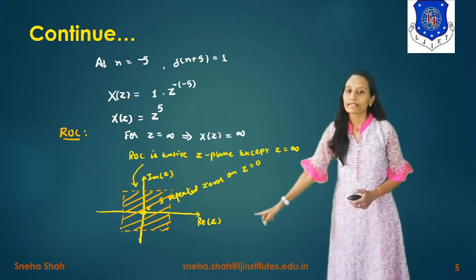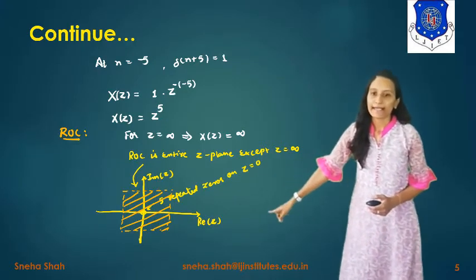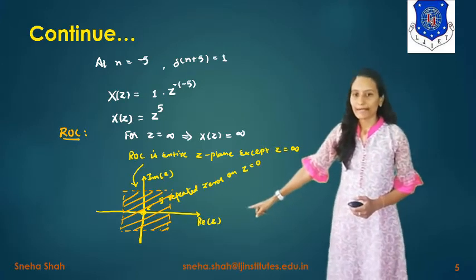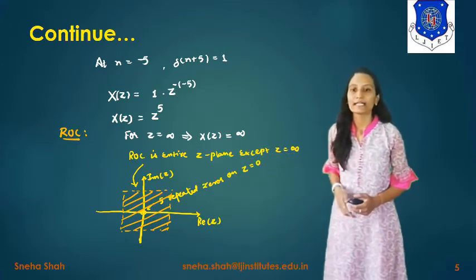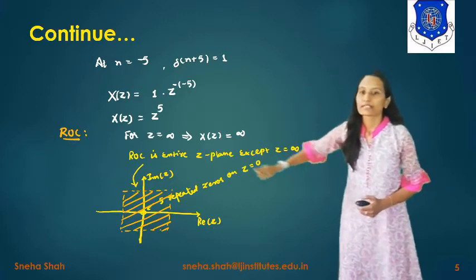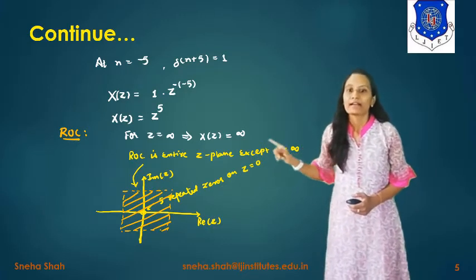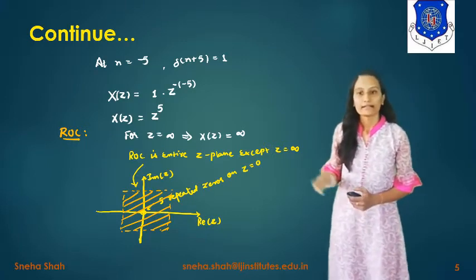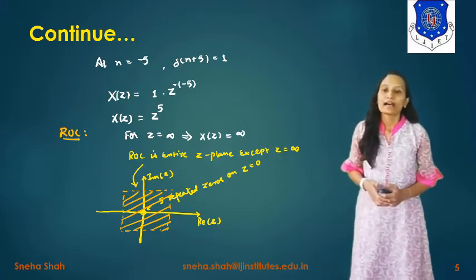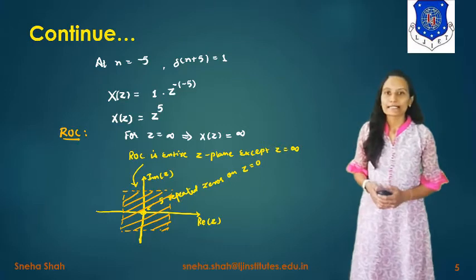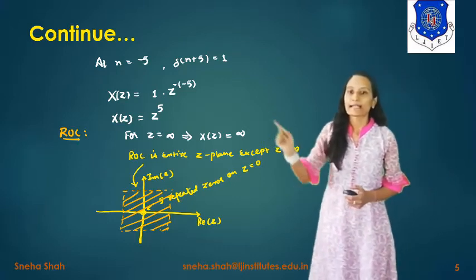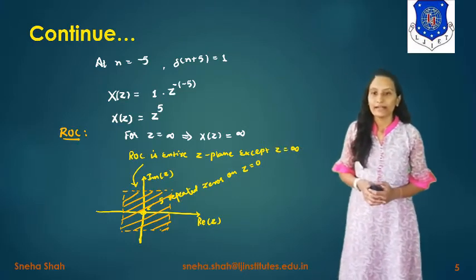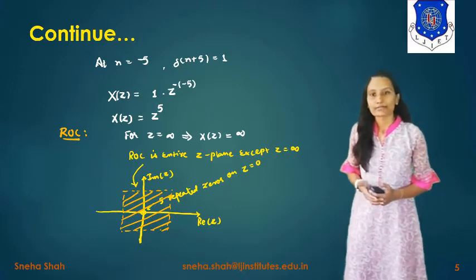For that we'll draw the z plane. On the x-axis we will take the real part of z, on the y-axis the imaginary part of z. So this one is the entire z plane, except z equals infinite, which is considered as the ROC. Now if we're finding the pole-zero plot, you can see that only the numerator will be there, so there will be only zeros, right?